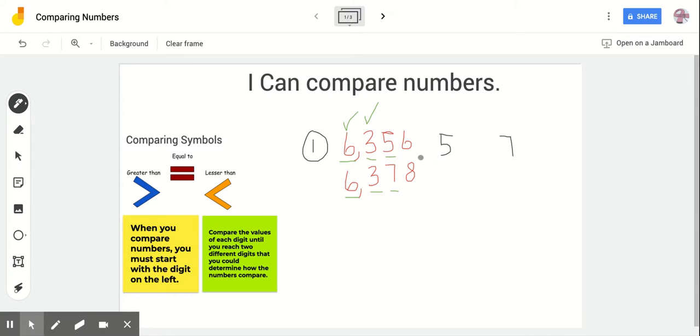I'm looking at the numbers to see which one is greater and which one is less than. I know that 5 is less than 7, so I'm going to put my less than symbol.